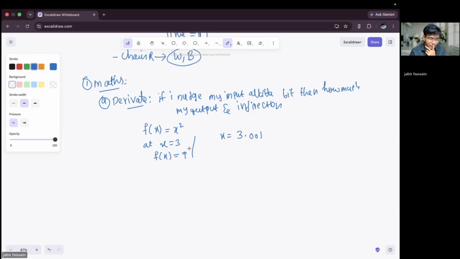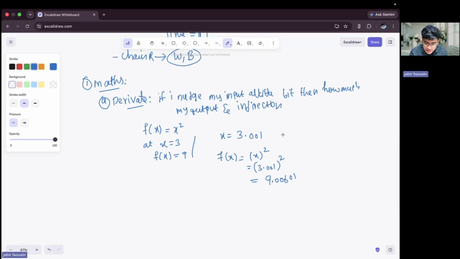So if I take my x as 3.001, what will happen to f(x)? You will see x², right? It will be 3.001 squared, so it will be something like 9.006001. Now how much has it changed?